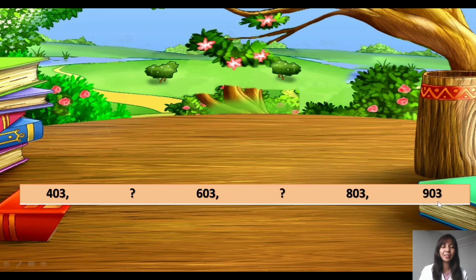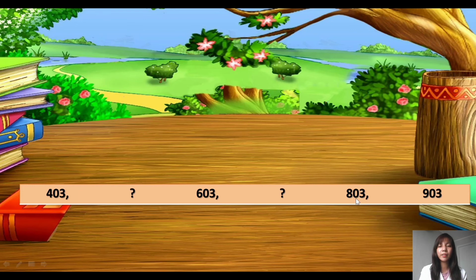Alright, so next. Okay, we have 403, blank 603, blank 803, and the last number 903. So now in this number sequence, we have here the two adjacent numbers, the last two numbers in this number sequence.